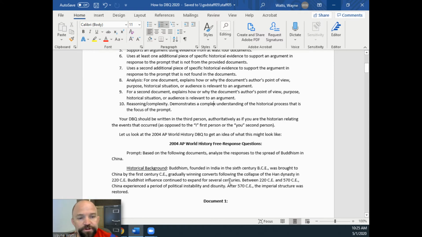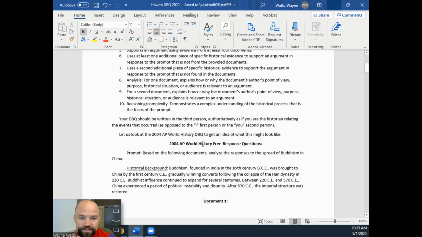Your DBQ should be written in the third person authoritatively, as if you are the historian, that you know the subject, and that you are relating the events that occurred, as opposed to the I first person or the you second person.